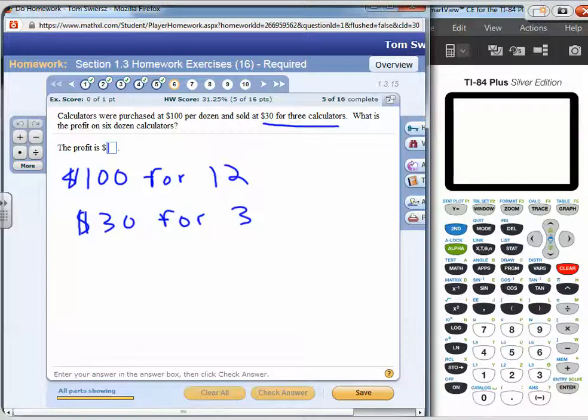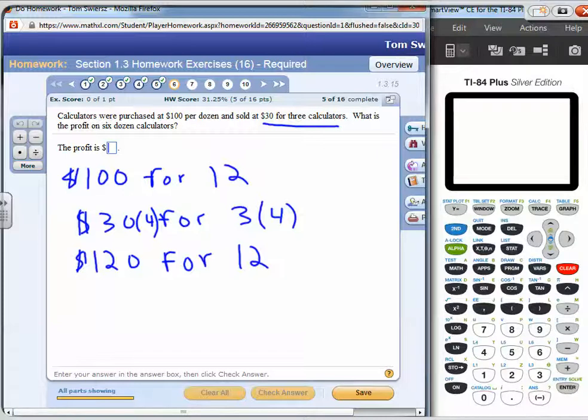If there were $30 for 3, we would multiply by 4 to get a total of 4 times 30, which is $120 for 3 times 4, or 12, right? So they were purchased for $100 for 12, sold for $120 for 12. Or $30 for 3 is $10 per calculator. You can just do 30 divided by 3, $10 per calculator, so 12 times 10 is 120.